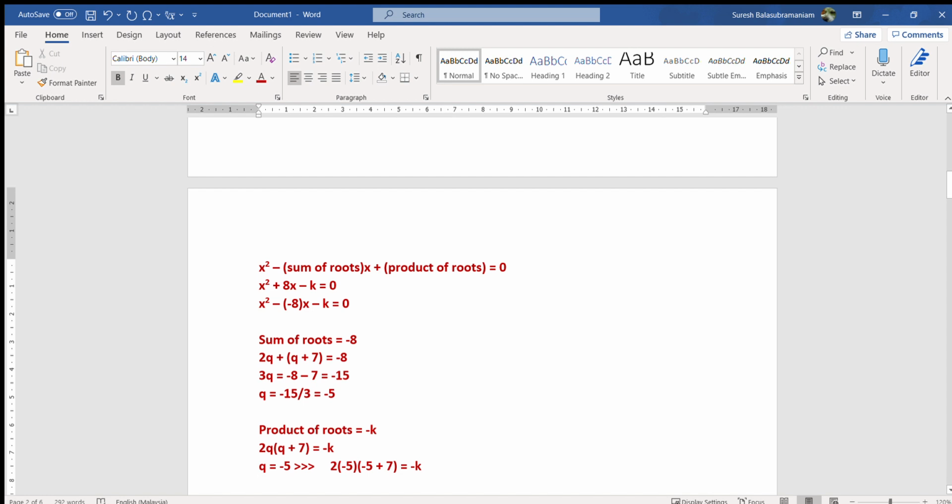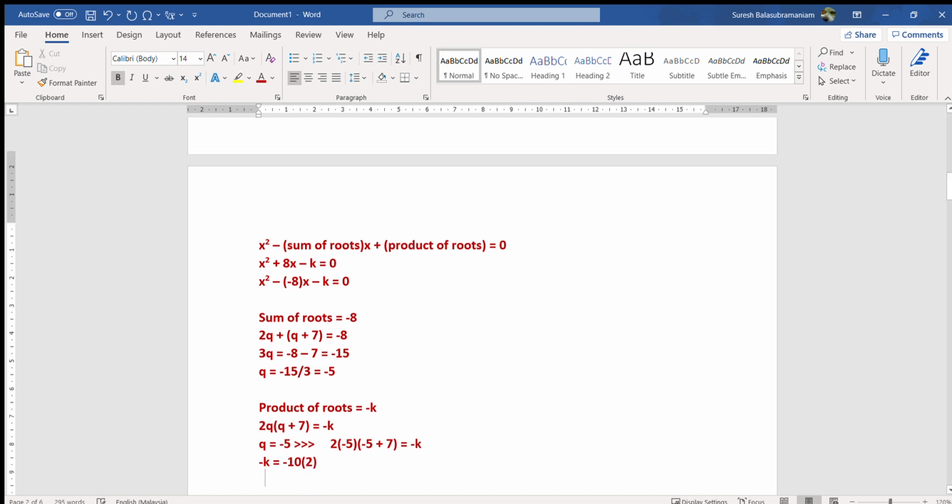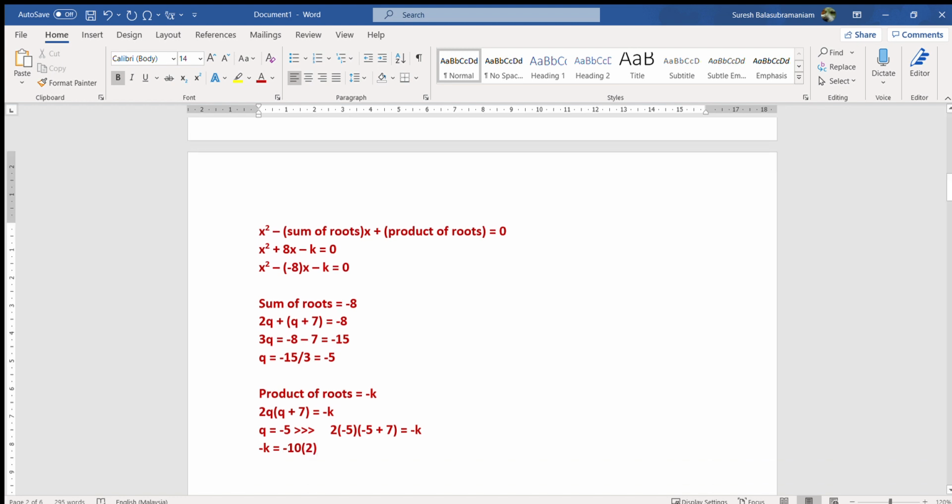Solve this. Negative k equals to 2 times negative 5, negative 10, times negative 5 plus 7 is 2. So negative k equals to negative 20. Can drop the negative sign for both sides. So k equals to 20.